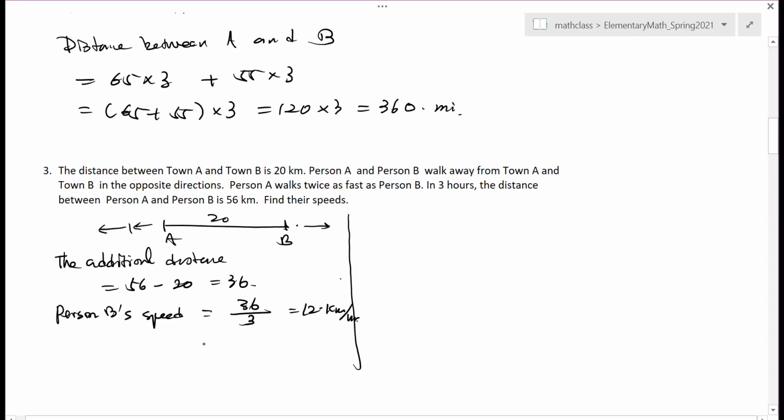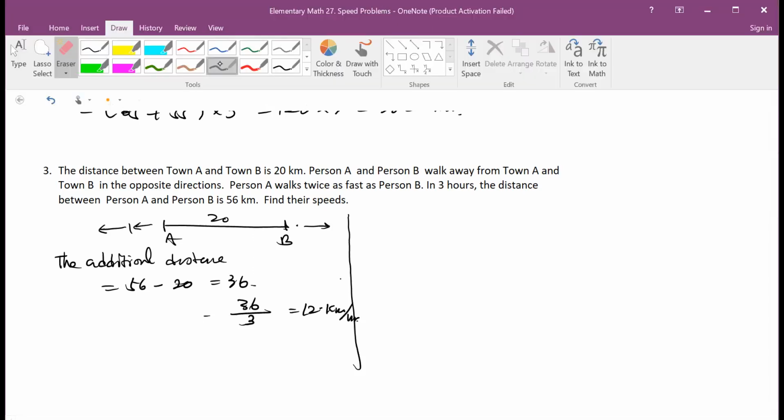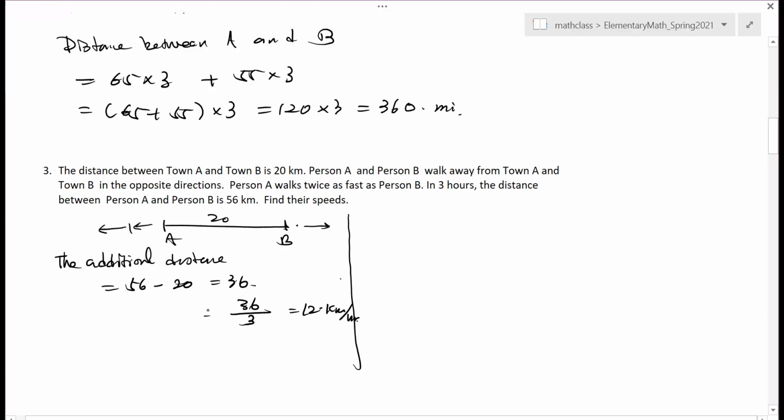Oh, sorry. So in 3 hours, yeah. It's not that. The combined speed. So we know the additional distance.